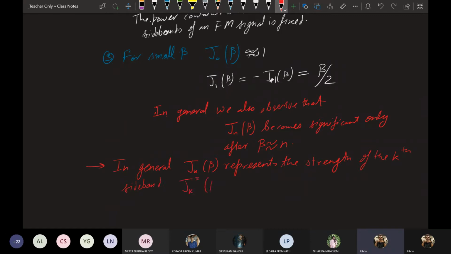Jk square beta represents the power contained within the kth sideband.